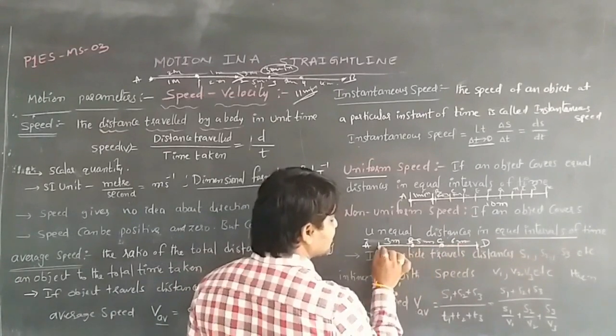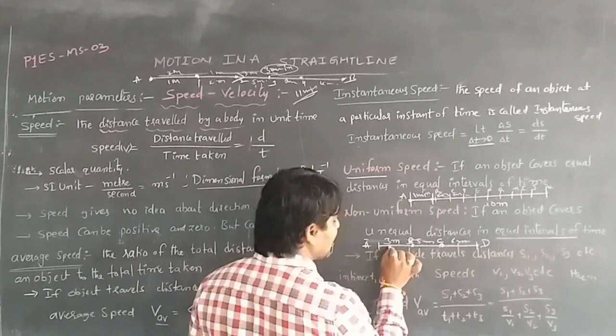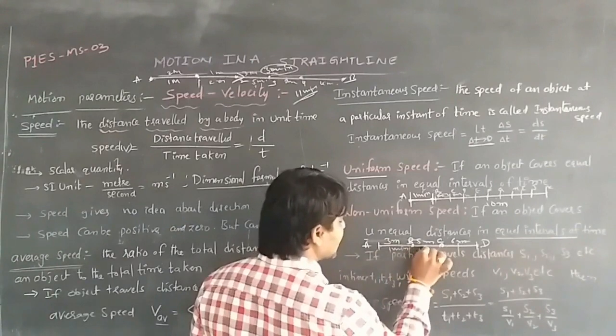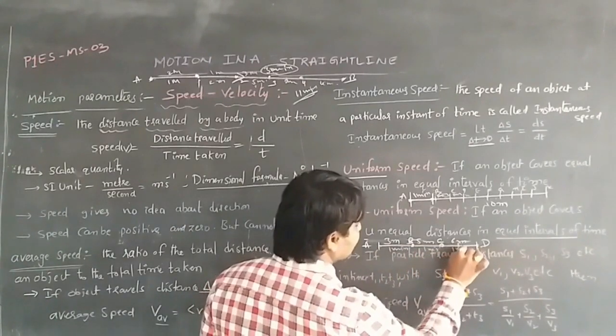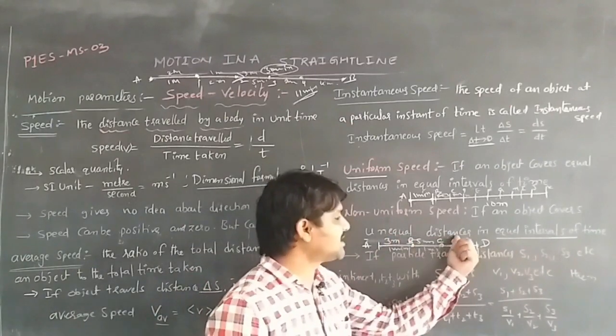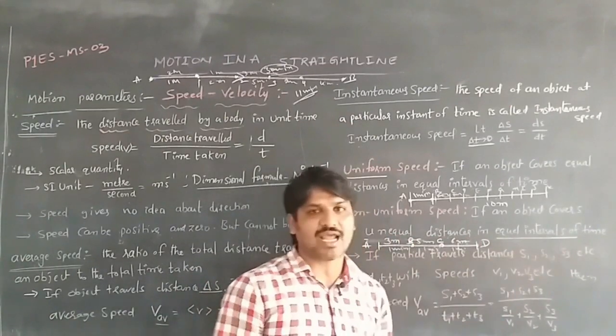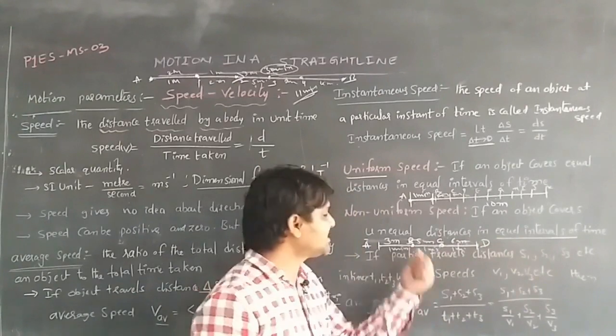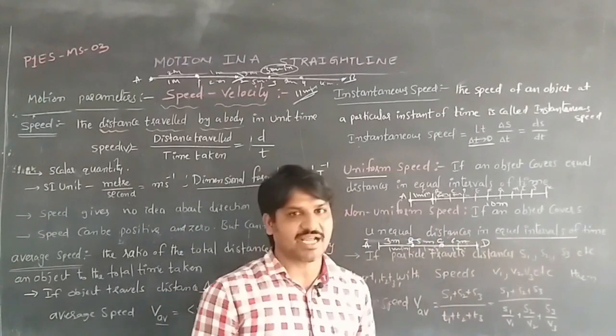The first 3 meters the body completed in 1 minute, the second also 1 minute, and the third also 1 minute, but the distances are different. So unequal distances are completed in equal intervals of time.